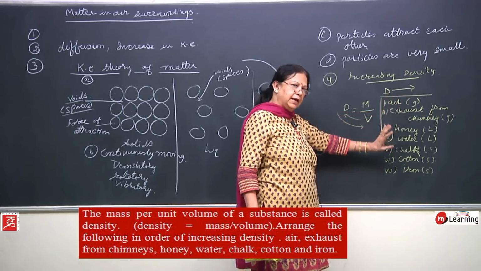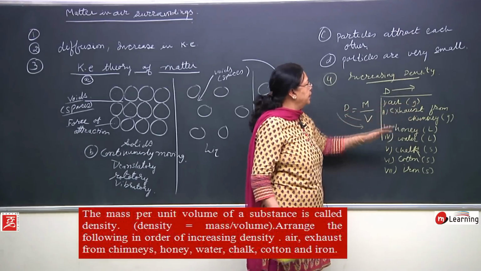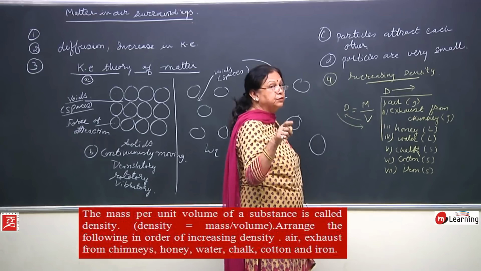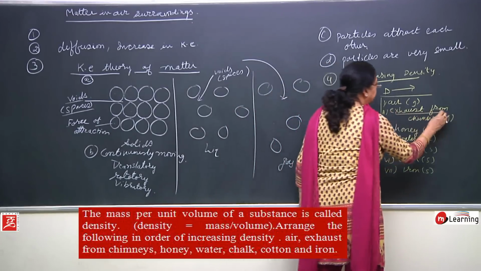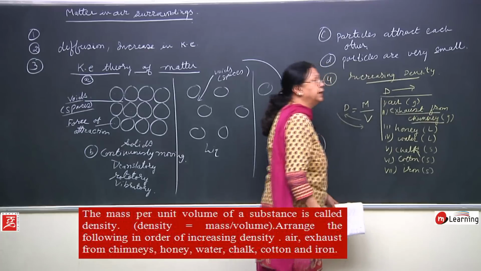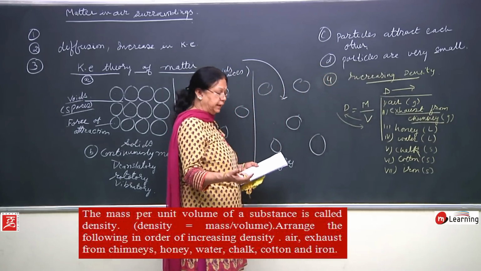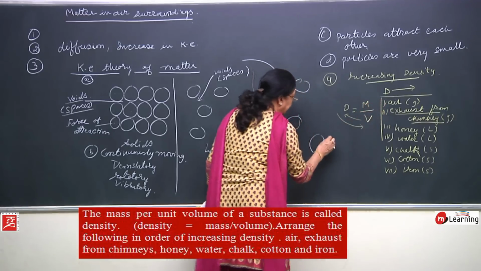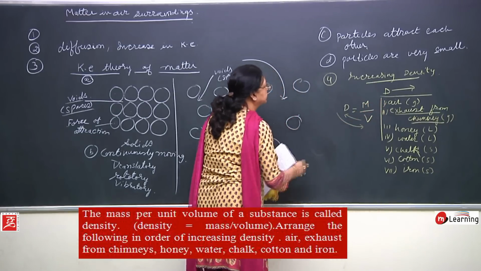So these two gases will be the lightest. But between air and exhaust from chimney, we have to find out which one is lighter. Exhaust from chimney sometimes contains many heavy gases and dust particles. So amongst these two, air will be lightest.